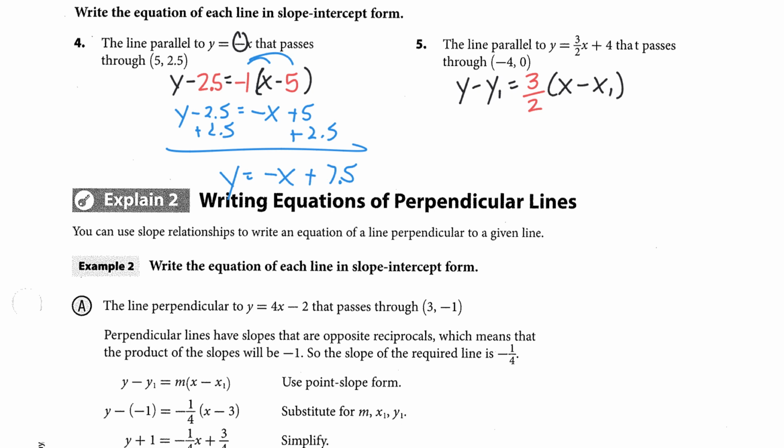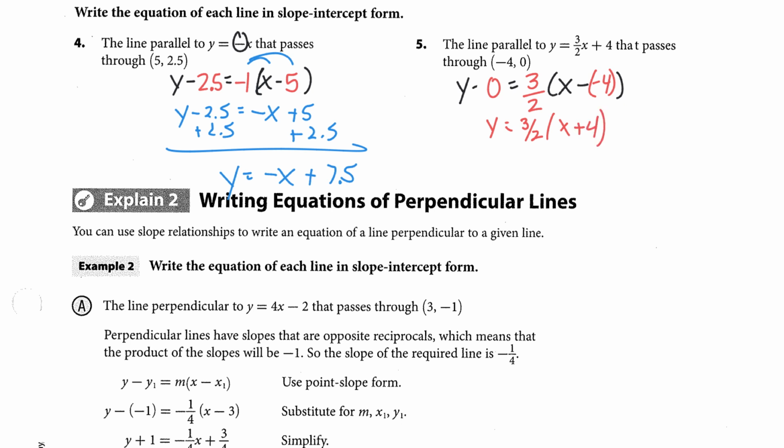Then we will replace x1 with -4 and y1 with 0. This turns into y equals 3 over 2 times x plus 4.